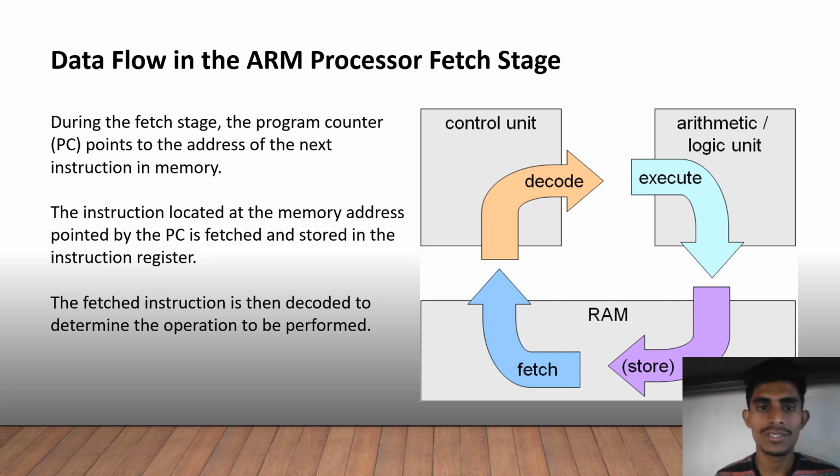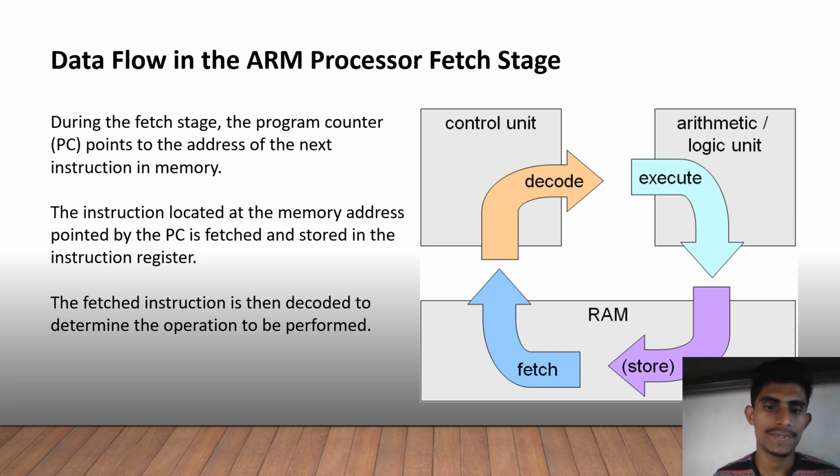During the fetch stage, the program counter, PC, points to the address of the next instruction in the memory for further processing, and the instruction located at the memory address pointed to by the PC is fetched and stored in the instruction register.